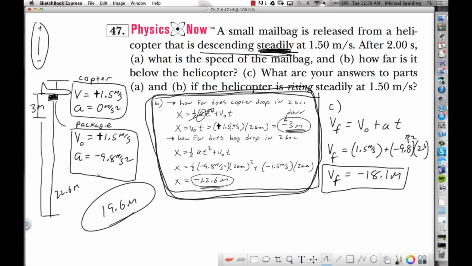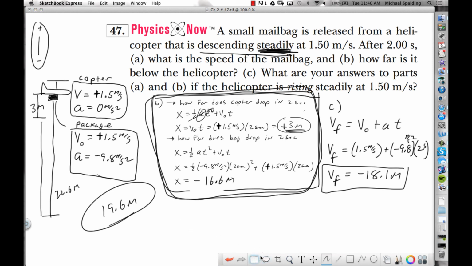When you change this to positive 1.5, this comes out as positive 3. Positive meaning up. Then go to this calculation, make this positive, which changes this answer here. So if the initial velocity is positive, this comes out as negative 16.6 meters.